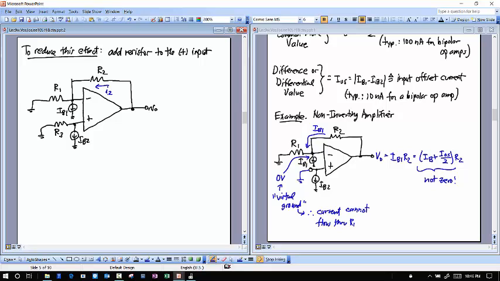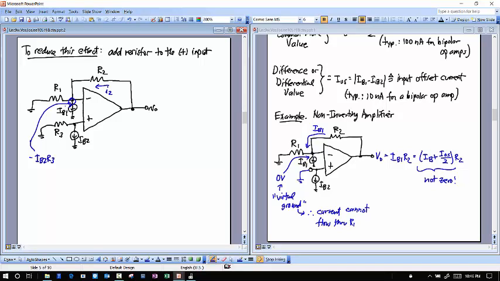So I'll call that current I2 there. But now I have a new voltage at the negative terminal. And that new voltage is going to be the voltage generated by IB2 going through R3. Right? And so that voltage is going to be minus IB2 times R3. That's the voltage that appears right there at the negative terminal.